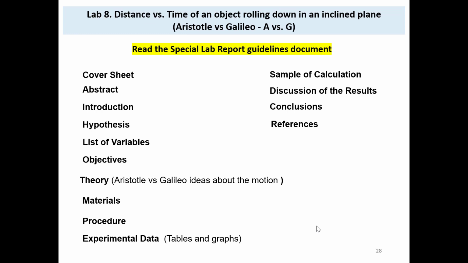In this document, I explained what you had to complete in each section. You had to complete each section, such as the cover sheet, the abstract, the introduction, hypothesis, all these different sections. And if you have any question, you can always email me. If you write a section and you are not sure, you can email me what you already wrote, and then I can help you tell if what you included in that section is correct.